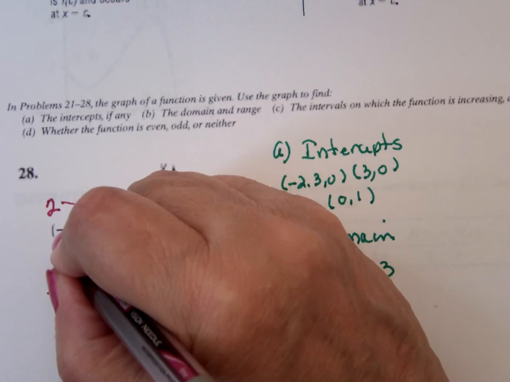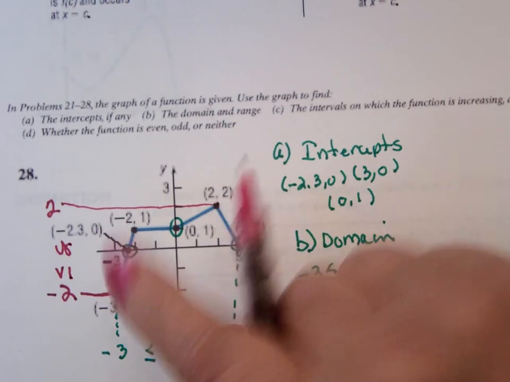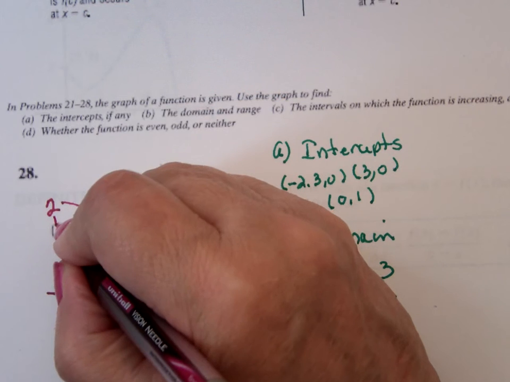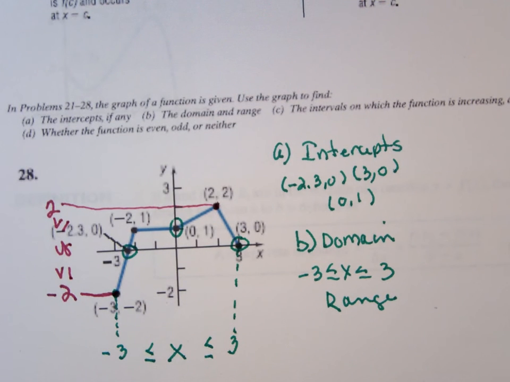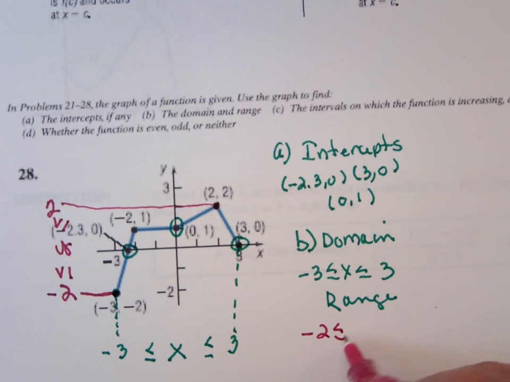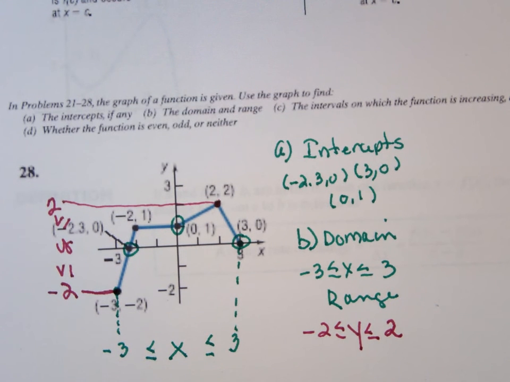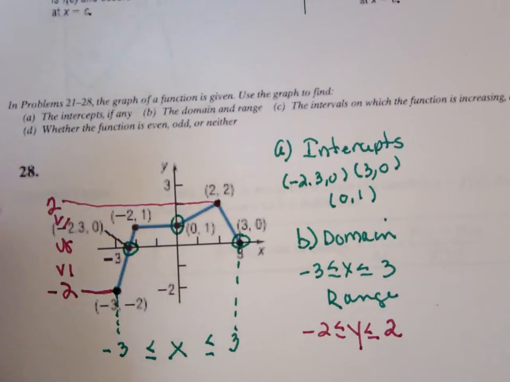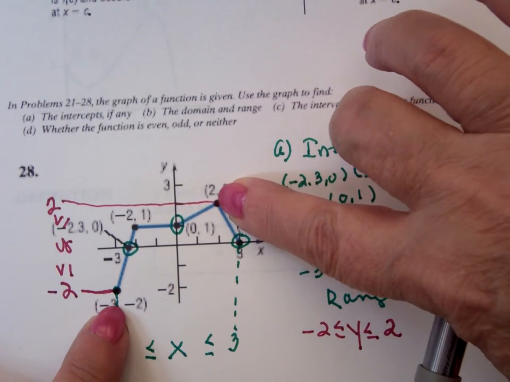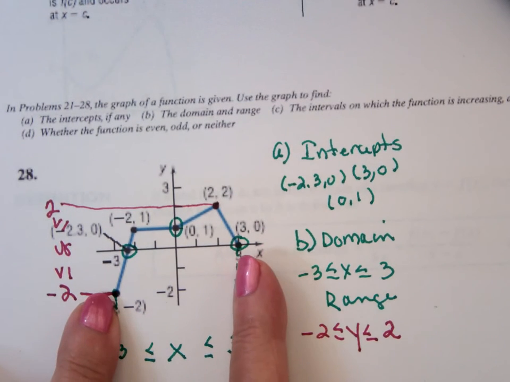This says my y values are greater than or equal to negative 2, and less than or equal to 2. Now if you put interval notation, you kind of get away with the x and y bit. My y values land between negative 2 and 2, and my x values land between negative 3 and 3.